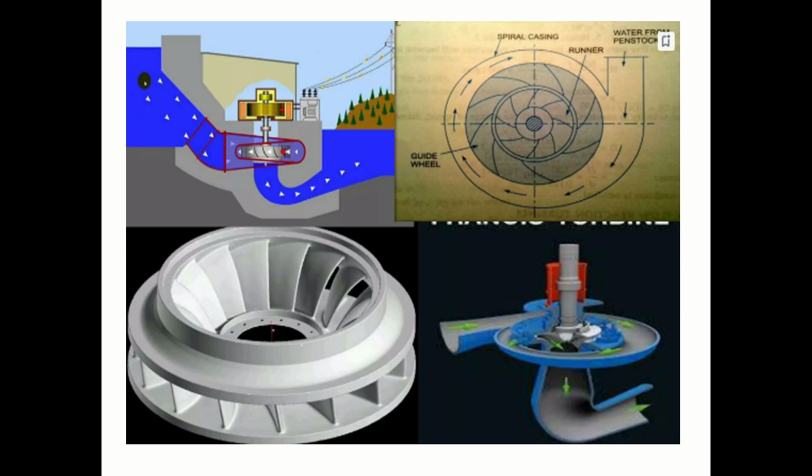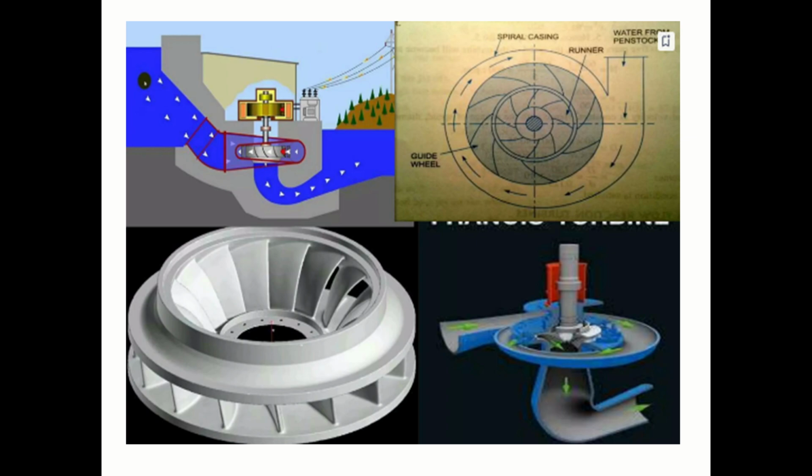And in the next class, I am going to teach you about the working mechanism of Pelton wheel, how it works, what are the different parts of a Pelton wheel. You know, in this turbines chapter, Pelton wheel with neat diagram and its explanation is very, very important from the examination point of view.